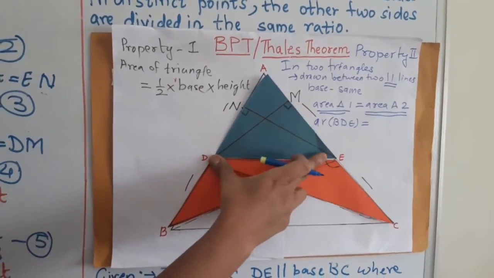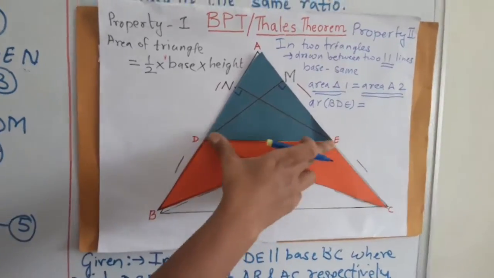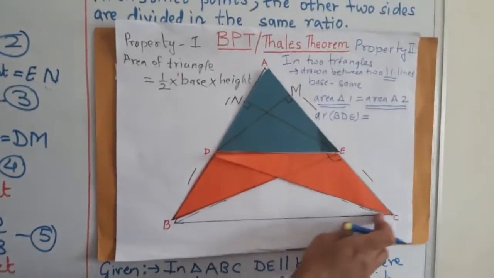Here same base means DE and two parallel lines means DE parallel to BC, given.